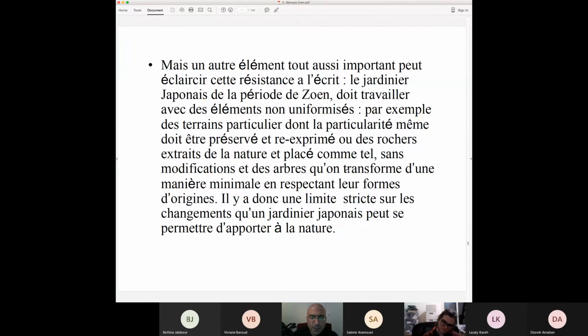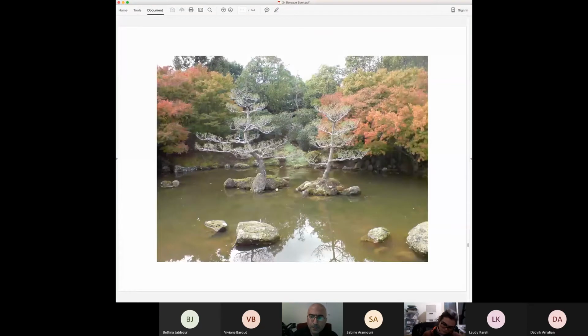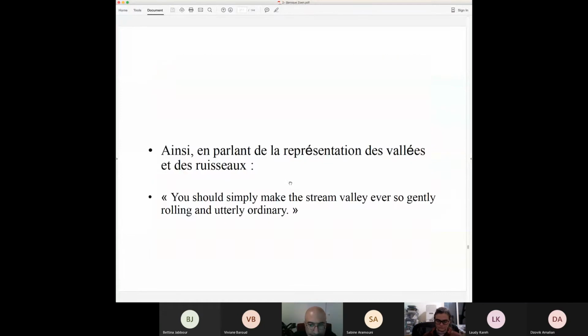And I want you to look at this extraordinarily beautiful thing. What you see here is, in fact, a man-made landscape. This is man-made, but the objective of the artist is for it to appear completely natural.